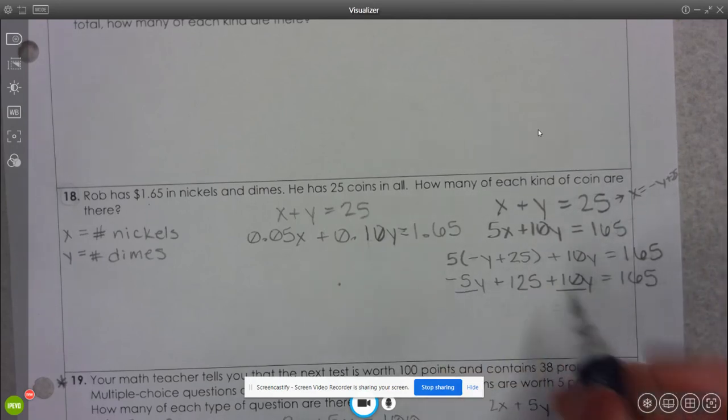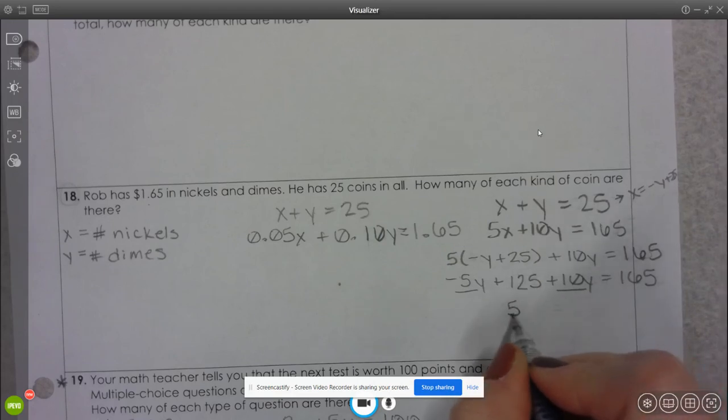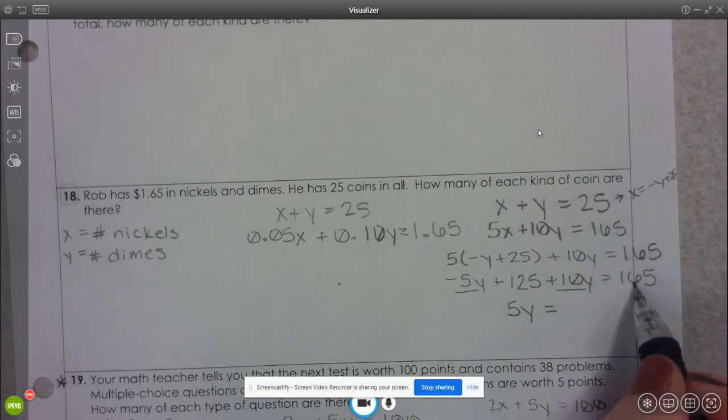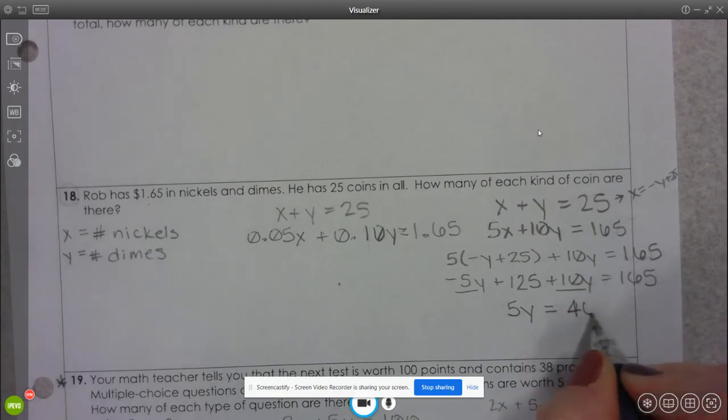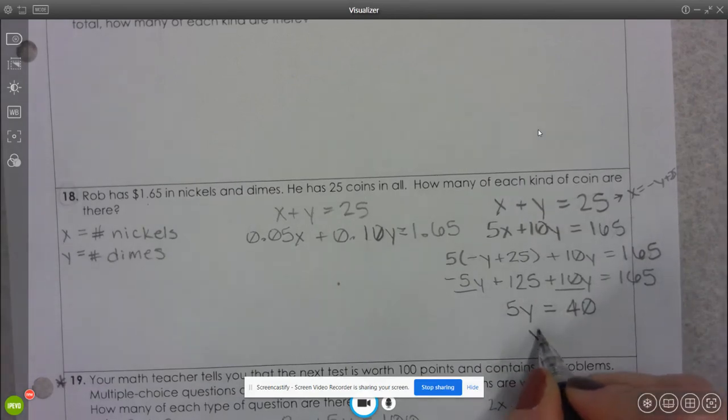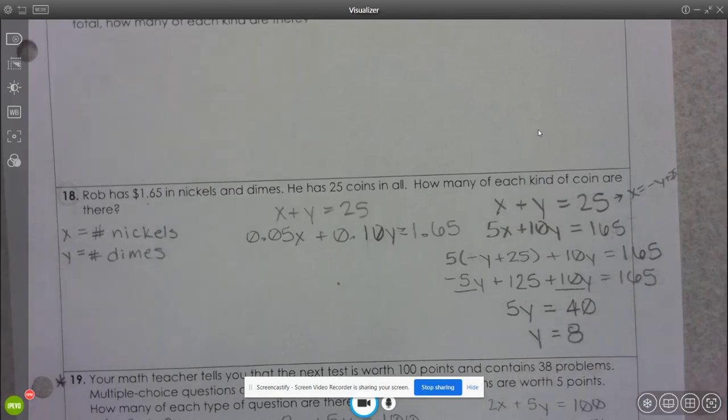So I'm going to combine my y's here. So I'll have 5y, and I'm going to subtract 125 from 165, which is going to leave me with 40. And if I divide that by 5, that tells me that I have 8 dimes.